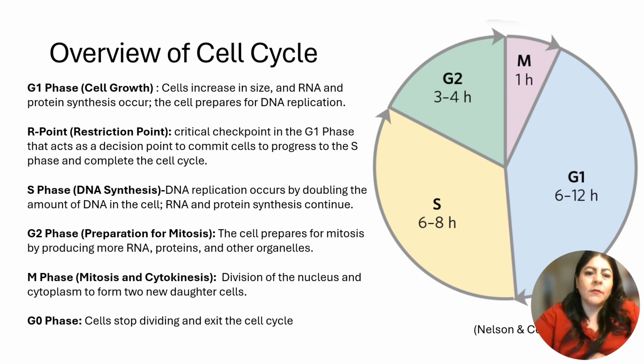All right, so brief overview of the cell cycle. So eukaryotic cell division proceeds through a structured sequence of stages, beginning with the G1 phase right here. It takes approximately 6 to 12 hours.